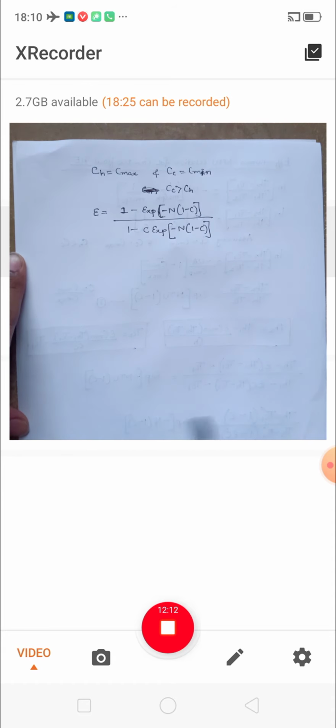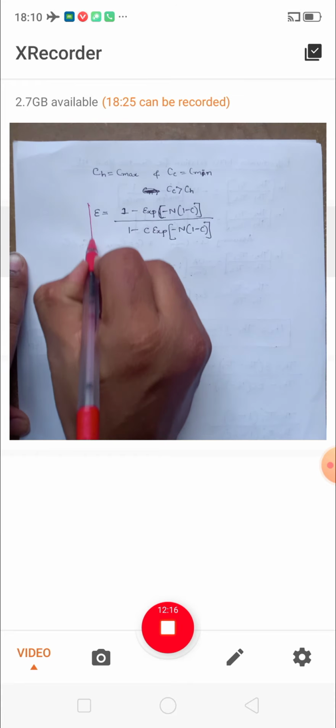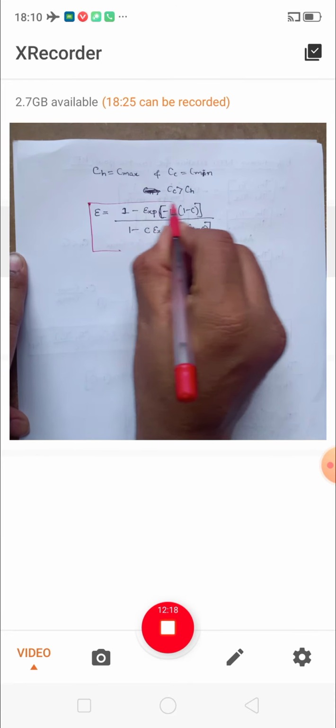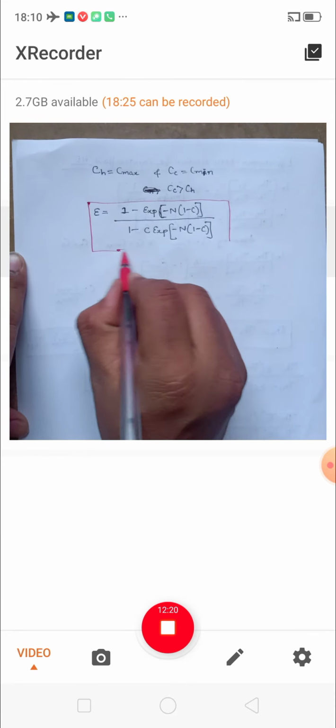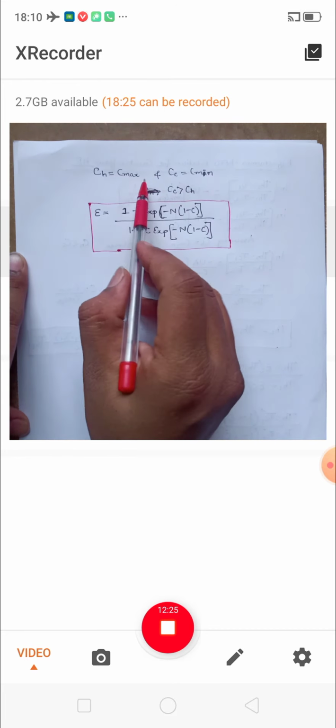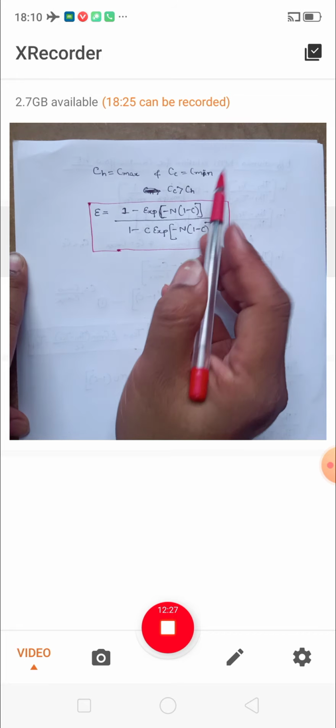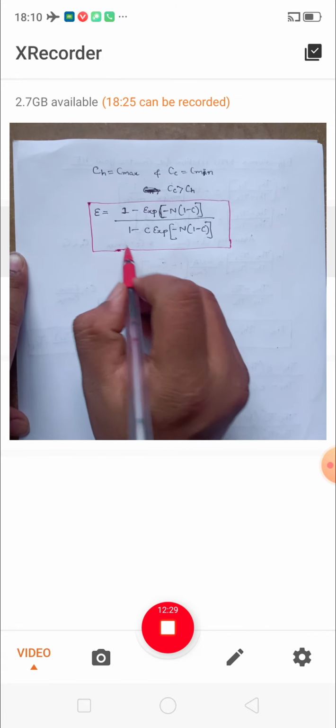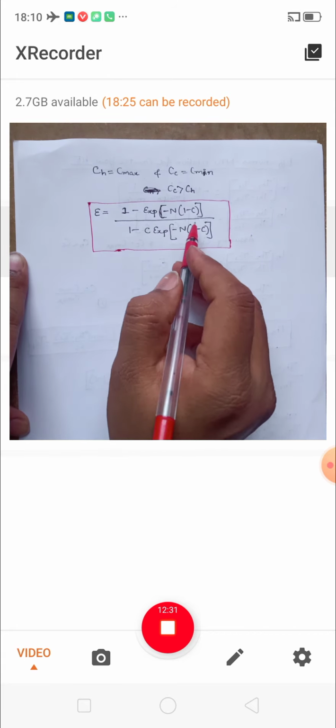So this is my final expression for the effectiveness of the counterflow heat exchanger. Even though I have assumed CH as the C maximum and CC as the C minimum, here also we are going to get the final expression in this form only.